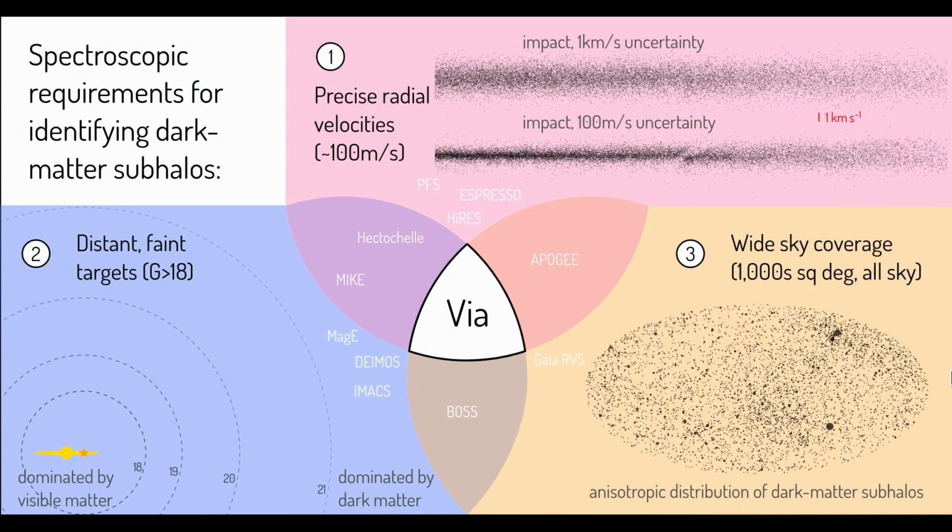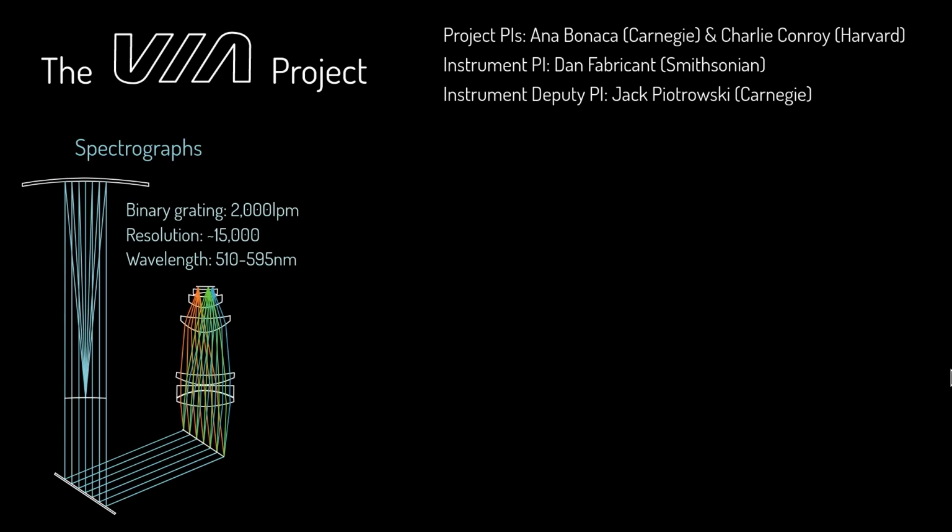And it's called VIA, a project started a year and a half ago with a lot of support from both the CFA leadership and the Carnegie Observatories' leadership as well. Charlie Conroy and I are the PIs. The instrument PI is Dan Fabricant, and Jack Petrovsky, a very talented grad student, is the instrument lead at Carnegie.